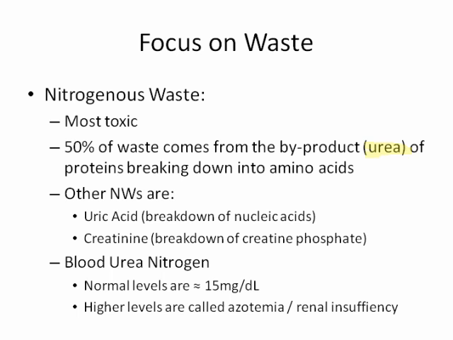And urea is a finished byproduct of breaking down proteins into amino acids. We know proteins are always recycled. We know amino acids are the building blocks of those proteins. Urea basically comes from ammonia.